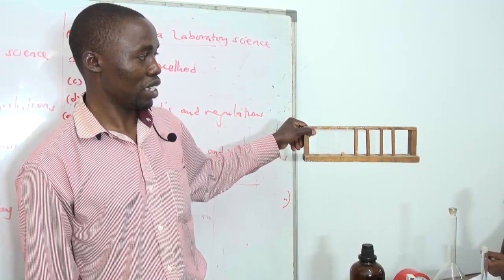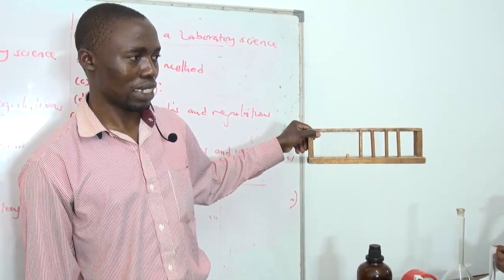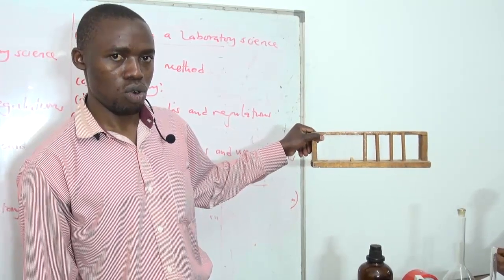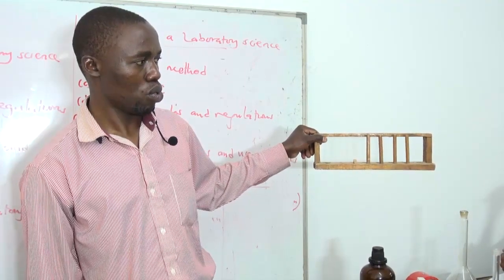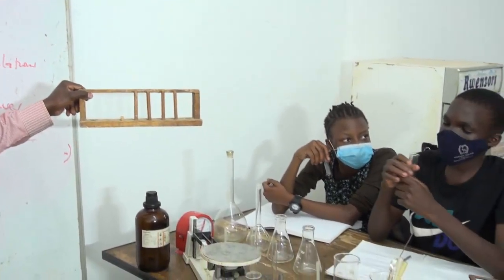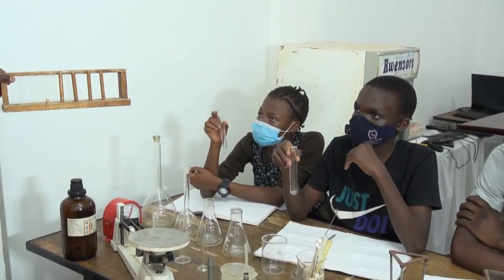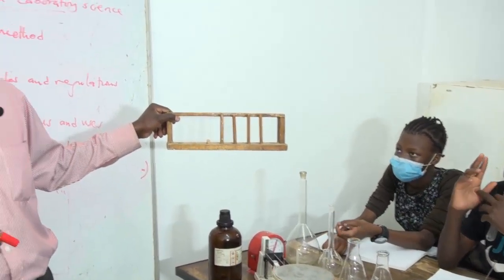What's the name of this apparatus? It is called a test tube rack. What does it do? Used for holding test tubes. The test tube rack is used for holding test tubes.